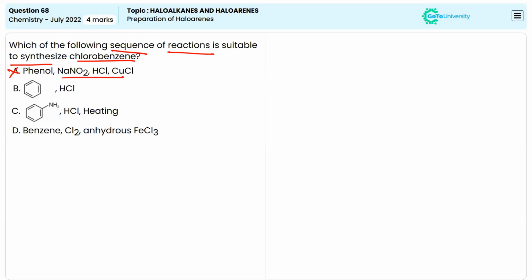And using benzene and HCl only also we cannot produce it, because we have to do an electrophilic substitution. Then only we can produce the corresponding chlorinated product, chlorobenzene, because chlorine should act as the electrophile. Usually chlorine, Cl2, is a neutral molecule, not an electrophile.